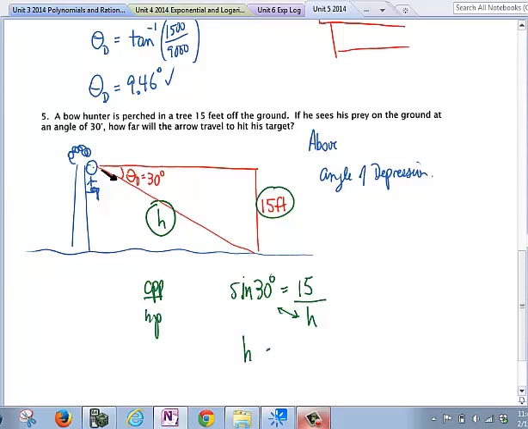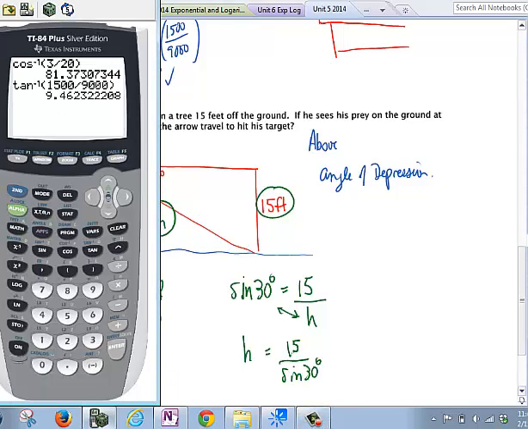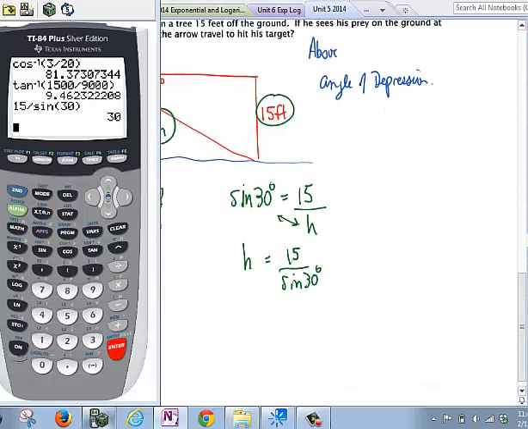So h equals 15 over the sine of 30. And then using our calculator, we have 15 divided by the sine of 30. And that gives us 30 feet.